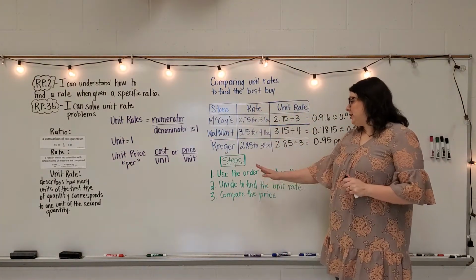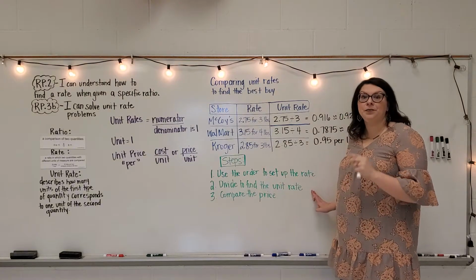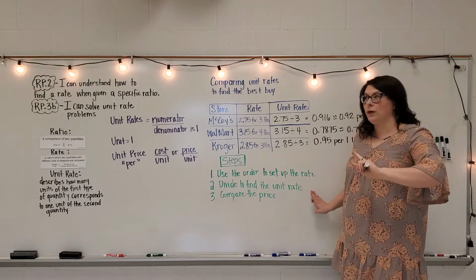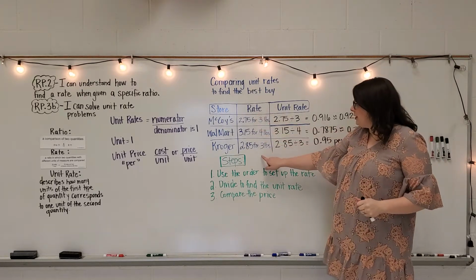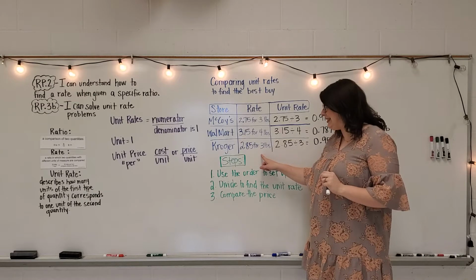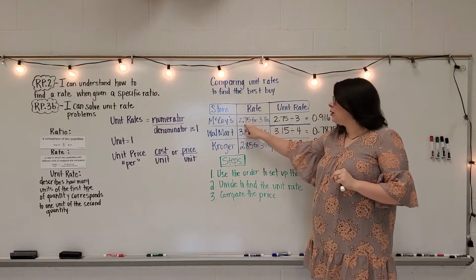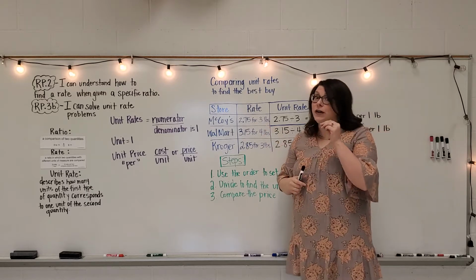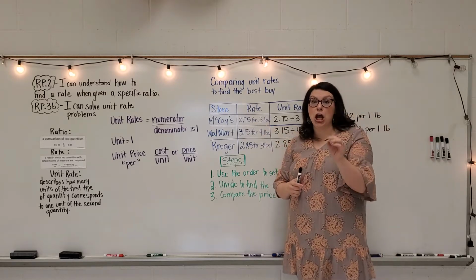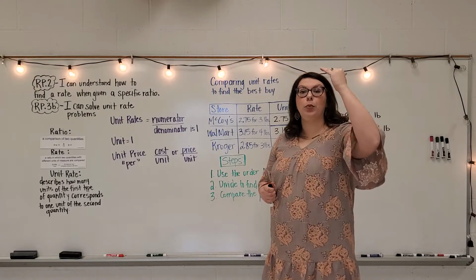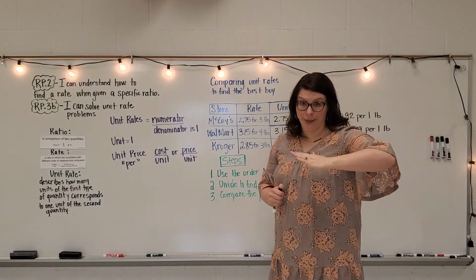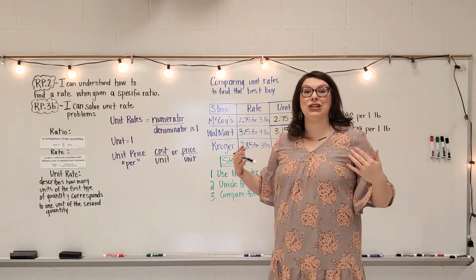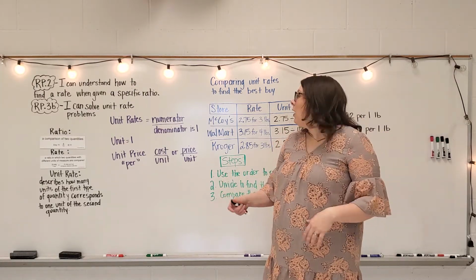The first step is to use the order to set up the rate. Remember, a rate is a ratio with two different quantities. So in these situations, our rate is price per pound, okay? So those are very important because we need to know that we are setting it up price divided by pound. If we divide pound divided by price, it changes the relationship.